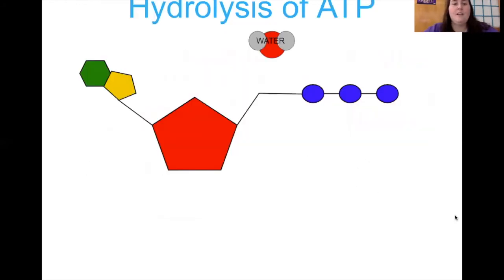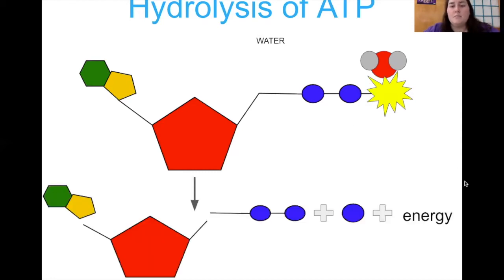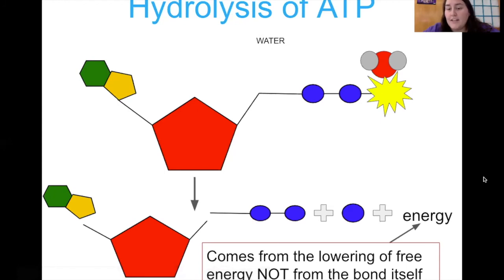Here's a model or a picture to visualize this. We have water here. Here's our ATP molecule: adenine, ribose, our 5-carbon sugar, and our 3 phosphate groups. Water is going to break the bond between our second and third phosphate group. It's going to produce energy, and this comes from lowering free energy, not from the breaking of the bond itself.